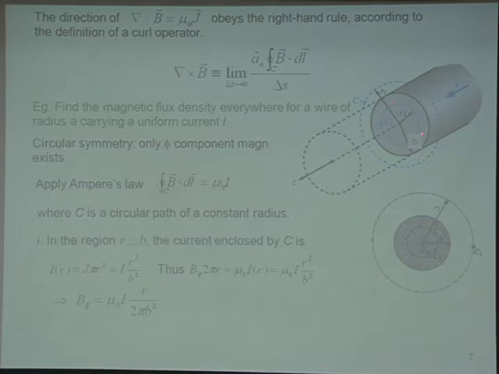Because of symmetry, the B field runs along the phi direction and has the same magnitude everywhere on that circle, because this is a uniform current in a uniform material. Due to symmetry, you select a path with a constant radius.